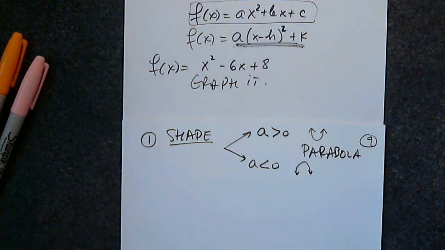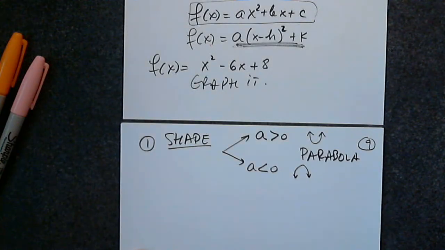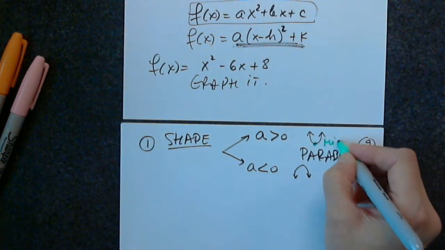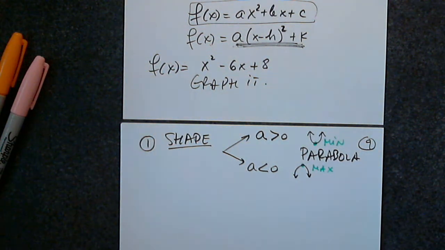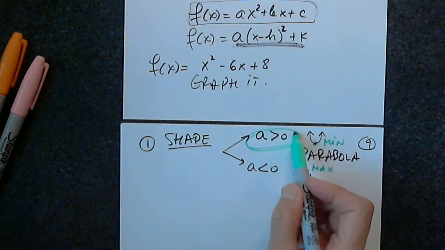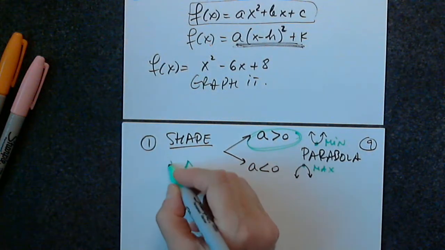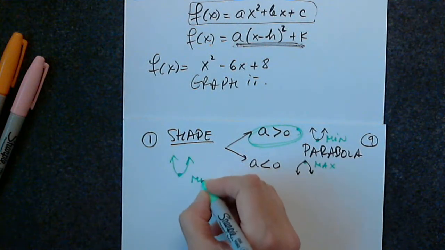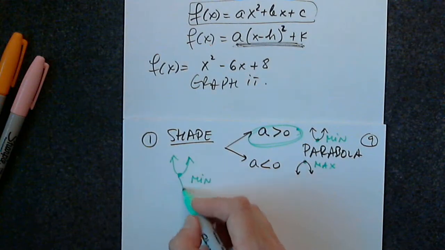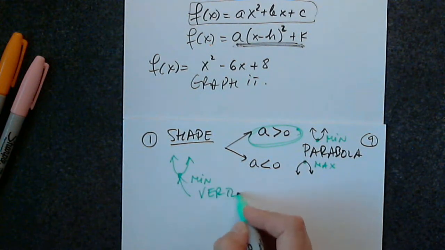In our case, what is it? Since the leading coefficient is positive, the parabola will have a minimum or a maximum. It will be a minimum, right? So this is a minimum, and this is a maximum. If the leading coefficient is positive, the parabola will have a minimum. So this is our case. In our case, the parabola will look like this. This point is not only the minimum, but it's also called the vertex.